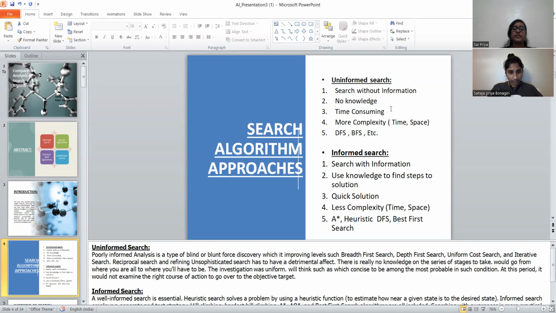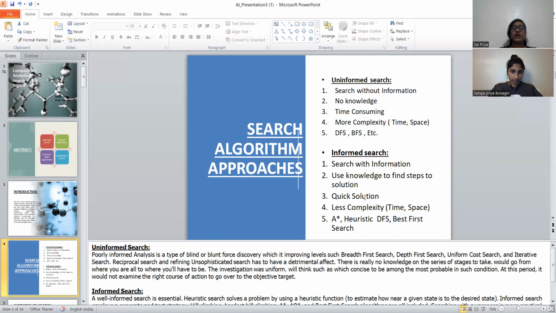Uninformed search takes more time and space and has more complexity, and it searches without any information, and it takes so much memory space. Coming to informed search, it is used for quick solutions using knowledge.